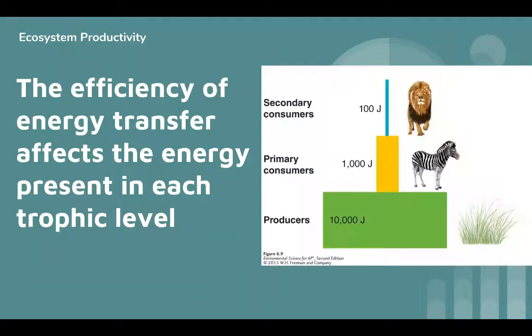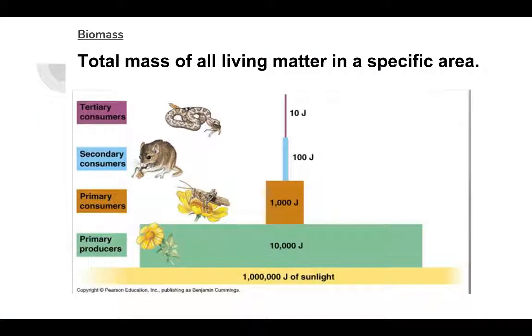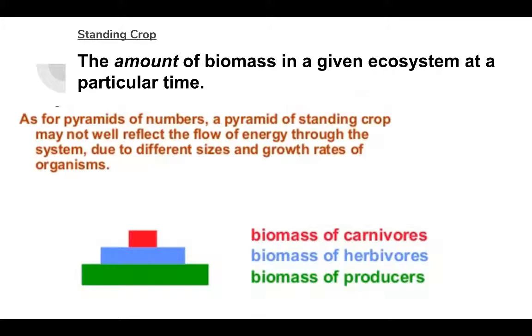So moving on, we're going to look at the efficiency of energy transport. How efficiently does energy go from one trophic level to the next? And there's two things we need to distinguish between. First is biomass. Biomass is the total of all living matter in a specific area. But something a little more specific we can look at is the standing crop. And this is at a particular time because it's always going to change.